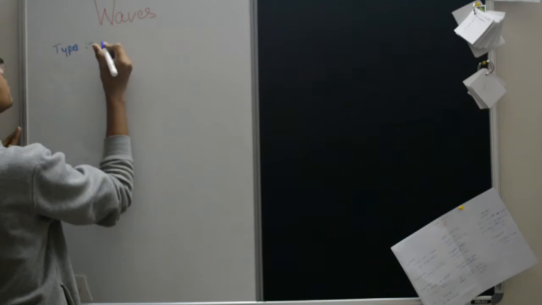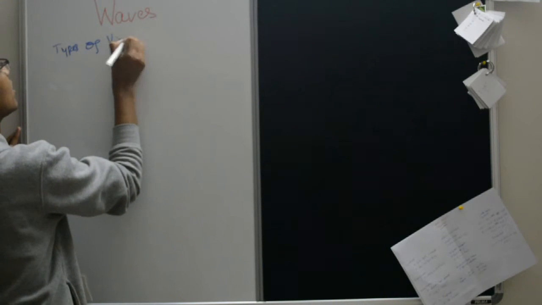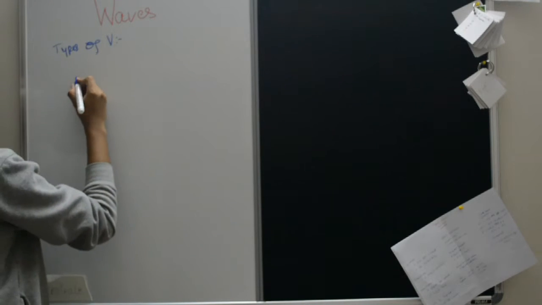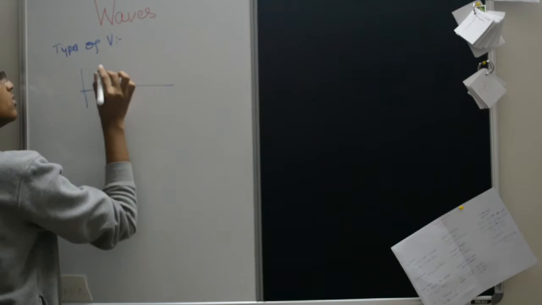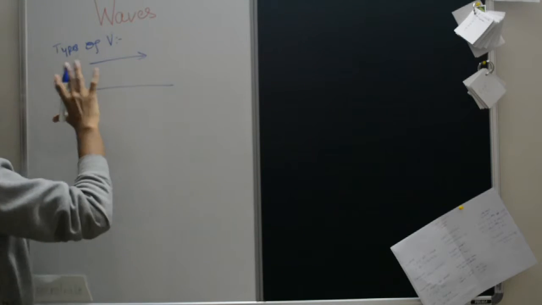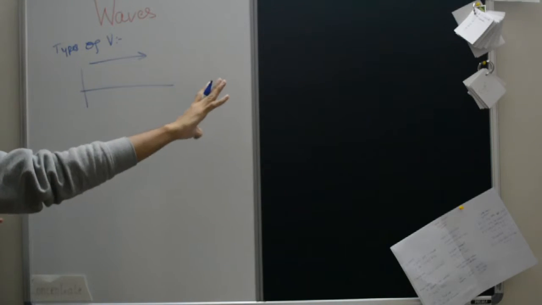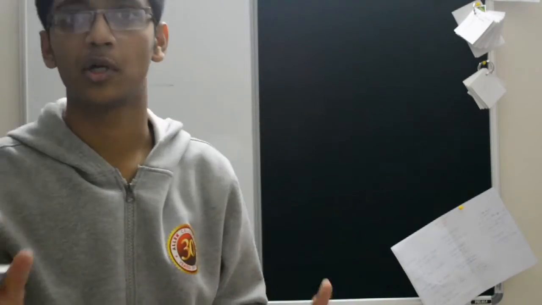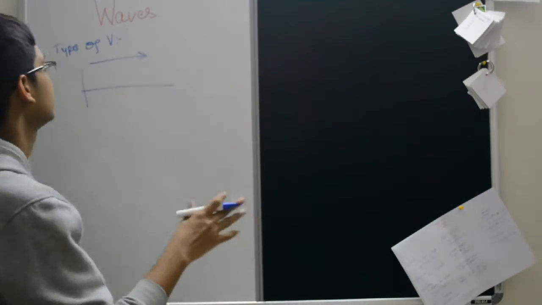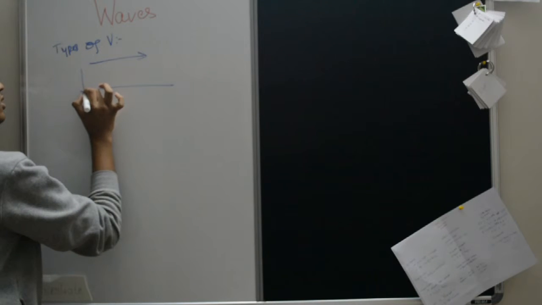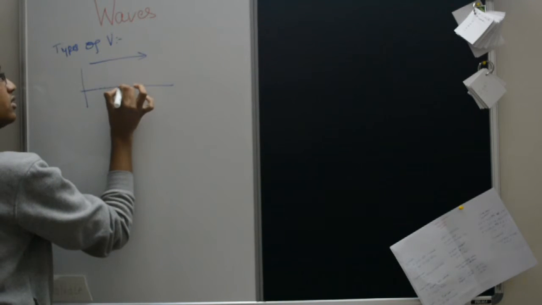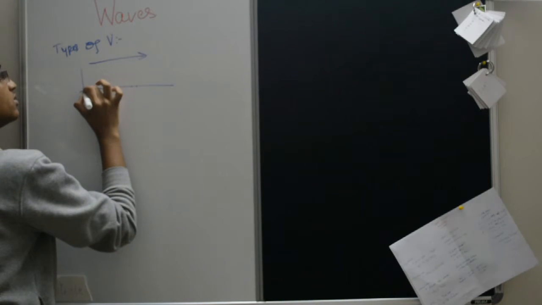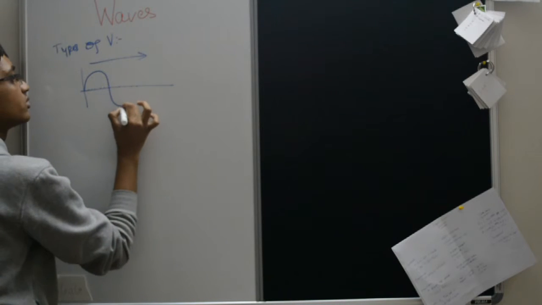Now what they can ask here is there are 2 types of velocity. One is the velocity with which the wave is moving. However, we know that a wave is a system of particles. So there are a lot of particles in between, right? So these particles will move in this way.